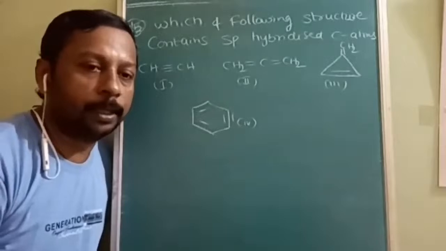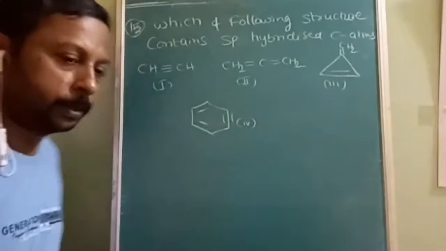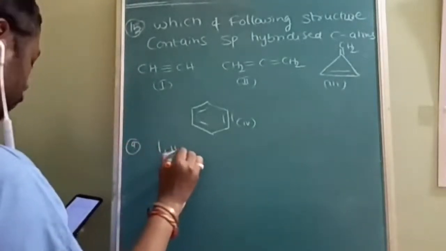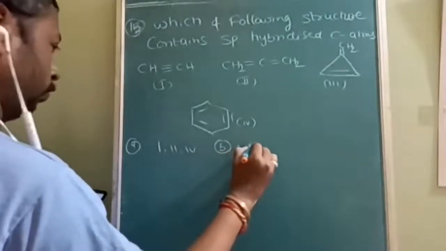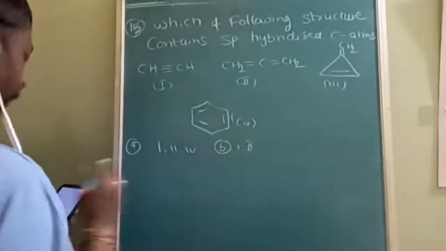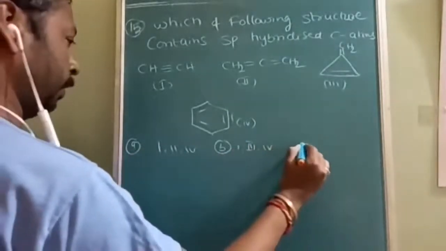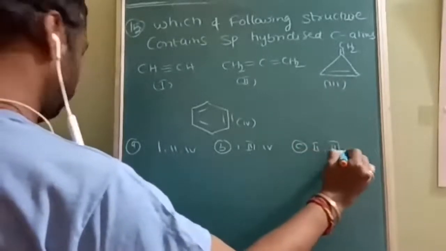Which of them contain sp hybridized carbon atoms? Options: Option A, 1, 2 and 4. Option B, 1, 3 and 4. And option C, 2, 3 and 4.